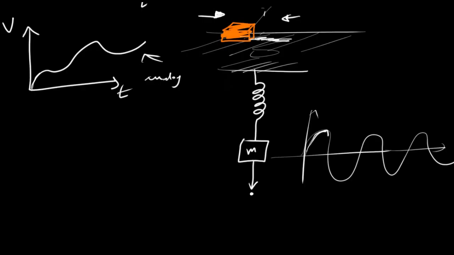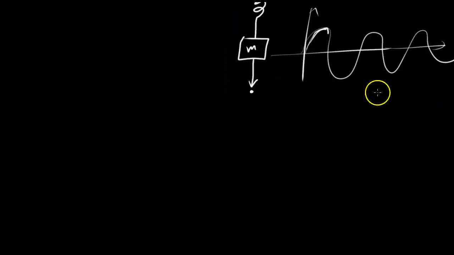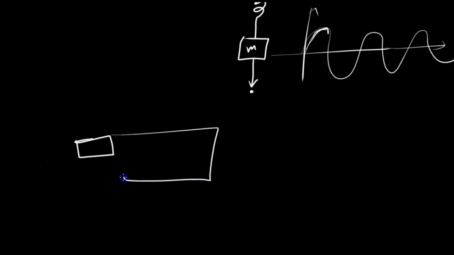So let's think about some of the downsides of such an analog signal. Well, suppose you have some electrical device that is turning a physical quantity, let's draw it like this. You have that box that we talked about.